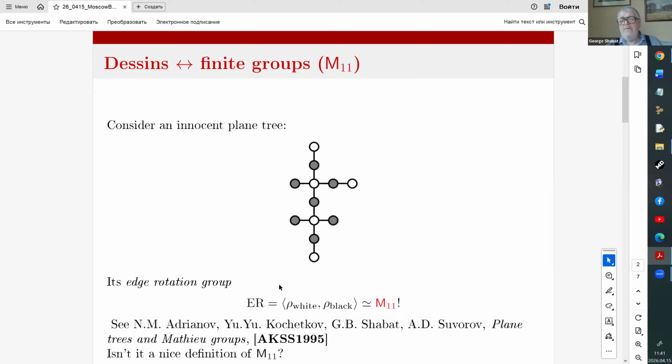So this group acts on the set of edges, and it is just generated by two permutations: the counterclockwise rotation around the white vertices, with some fixed points, as you see, and the counterclockwise rotation around the black ones. Now, the fact is that we were very much fascinated in 1995.